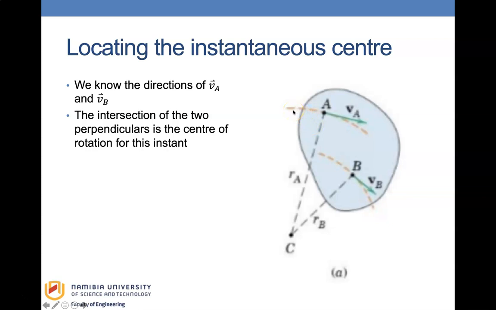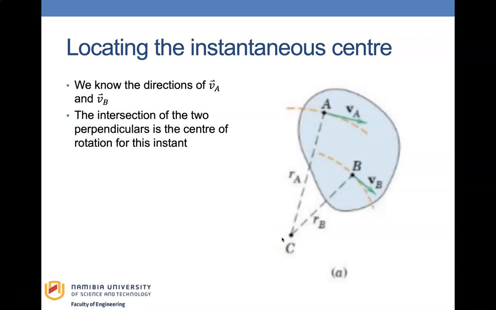If there is a point about which A has absolute circular motion for the instant being considered, this point must lie on the normal to the velocity vector of A through A. Same is true for B. The intersection of the two perpendiculars is the center of rotation for this instant, and point C is the instantaneous center of zero velocity. So point C could lie on or off the rigid body.